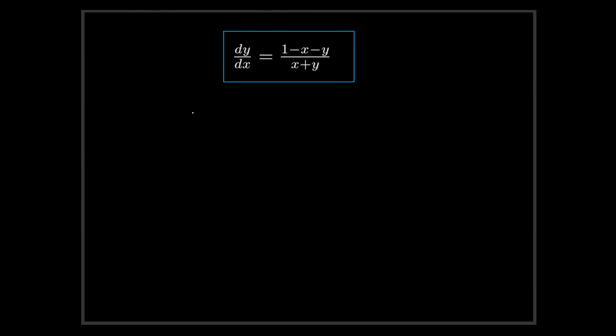So if we consider this equation here, I claim that this equation is in the form as we said earlier, and the way to see that is that we can just rewrite this equation as 1 minus x plus y divided by x plus y, which is of course equal to 1 minus u over u, where u is just x plus y.